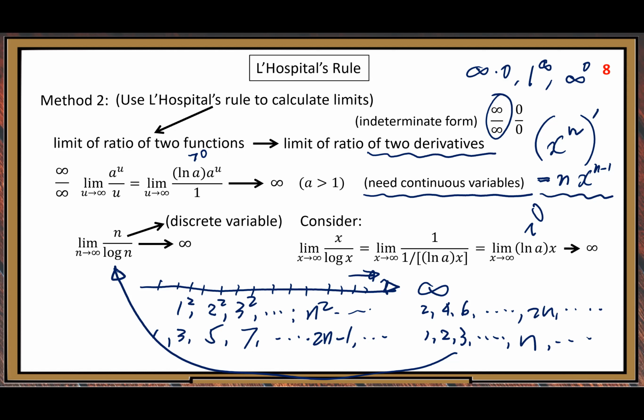So we get around it. It's legal. We didn't apply L'Hopital's rule directly to discrete variable functions; we applied it to their continuous counterparts. No problem, rigorous.